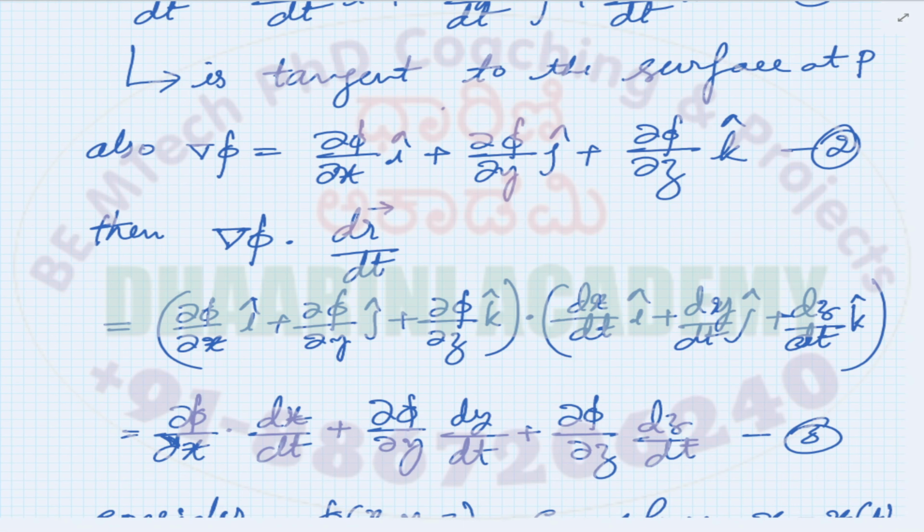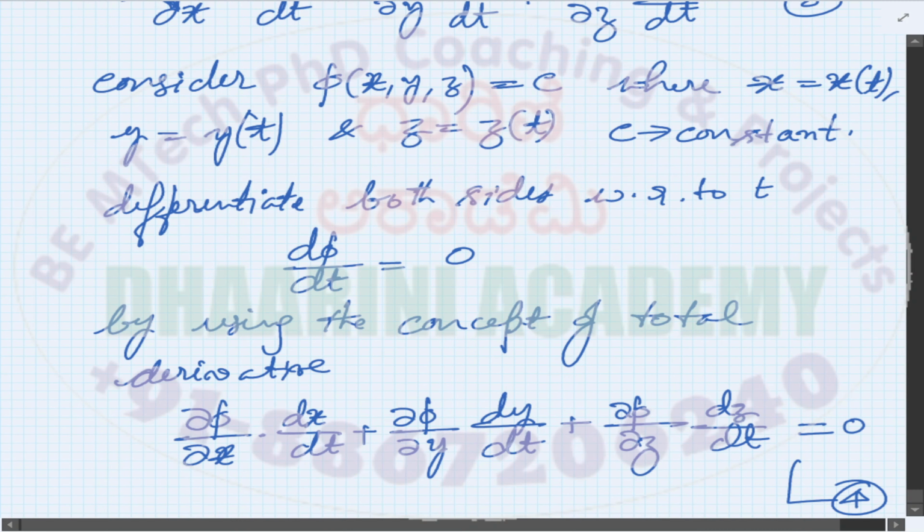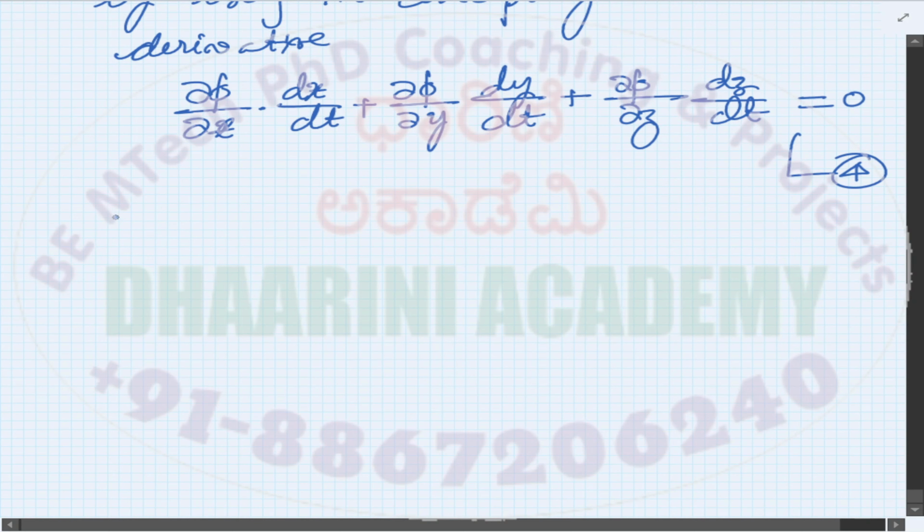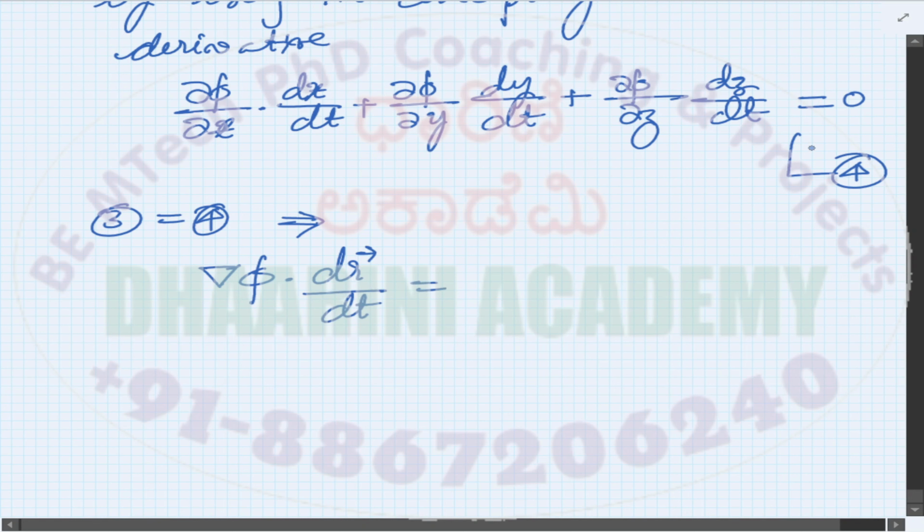Equation number 3 and equation number 4 are same, right? So 3 is equal to 4. So when I say equation number 3 is equal to equation number 4, it implies left hand side of equation number 3 is the product, that is del phi dot product of the dr by dt, and the right hand side of equation 4 is equal to 0, right?